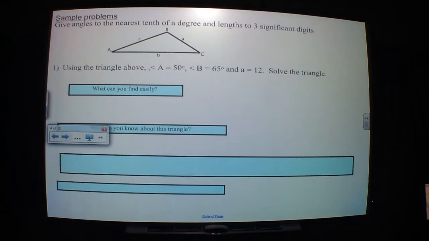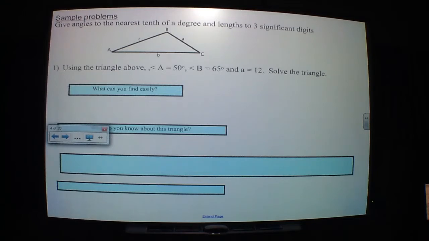So here, I have a triangle. Triangle ABC with sides lowercase a, b, and c. I'm giving you that angle A is 50 degrees and angle B is 65, and side a is 12. So solve the triangle. The first thing we can find easily is our missing angle.